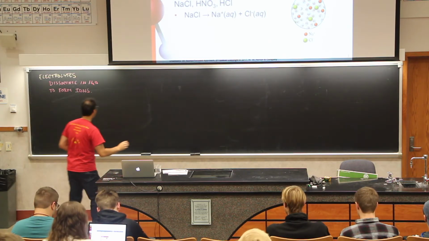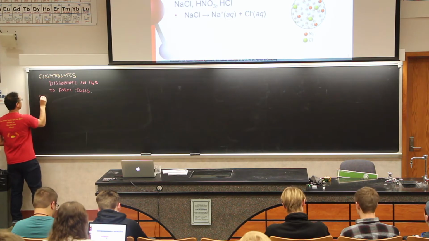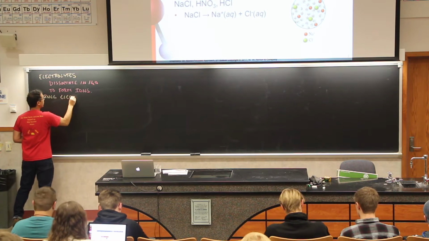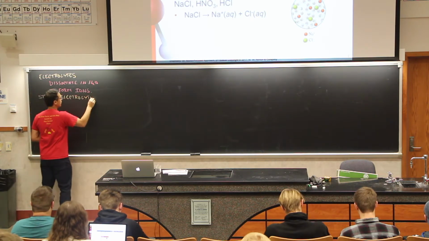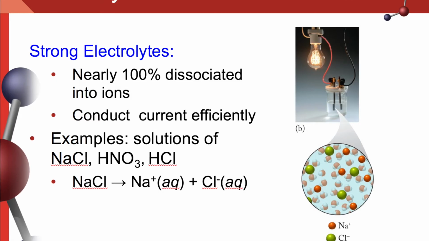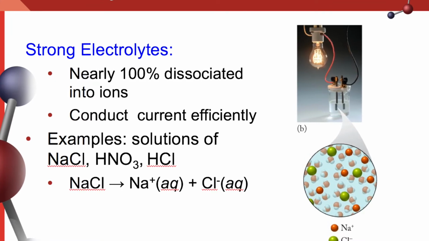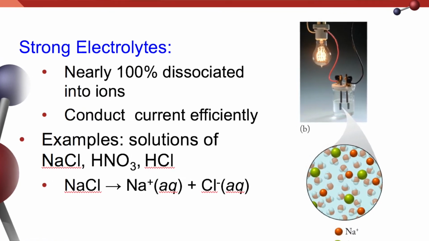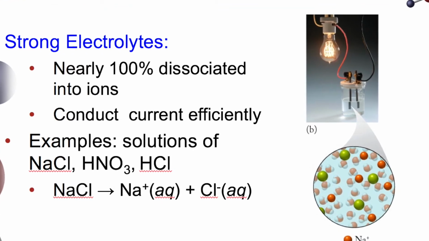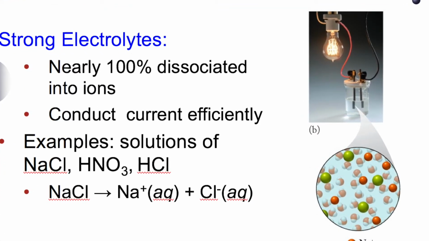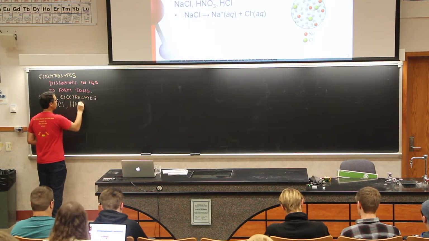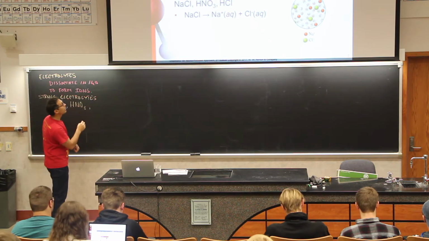And then we have strong electrolytes. Strong electrolytes, these are things that 100% or nearly 100% dissociate in water to form ions. They conduct electricity. And examples of this would be things such as sodium chloride. And then we also have nitric acid. And what else do we have here?